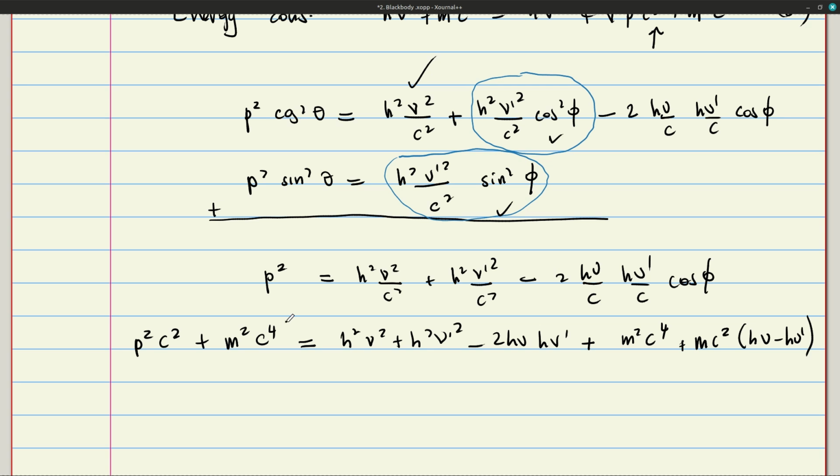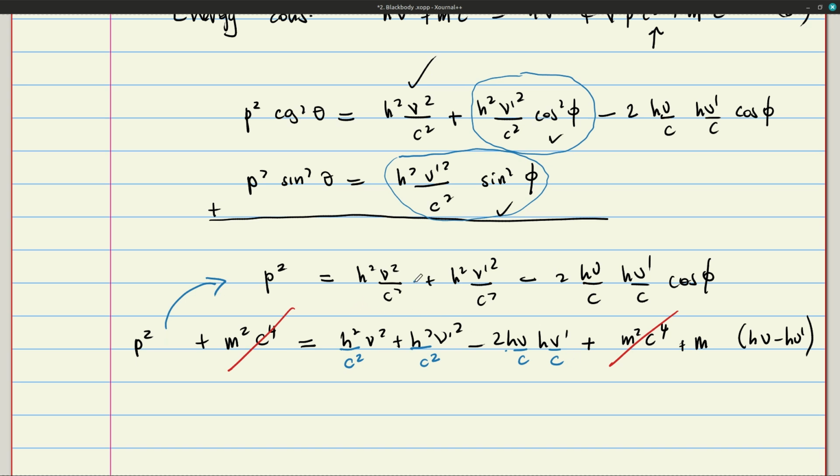Then, here is mc square. Let me use color. So this one is gone with this one. And I can divide everybody by c squared. Let me write this c squared like c, and this one will go, and this one will go. Now I can put this p here, right?